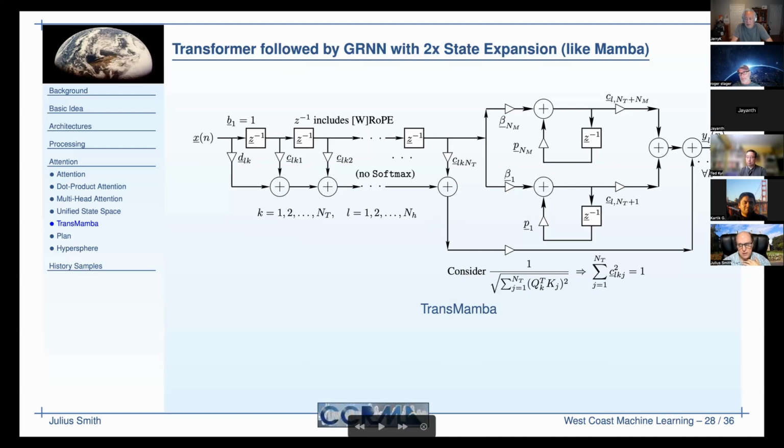So there's the attention output that combines with that. So that's kind of my grand finale of how far I can push IIR, FIR filtering, transversal filter is another name, and IIR filtering, one pole, two one poles.